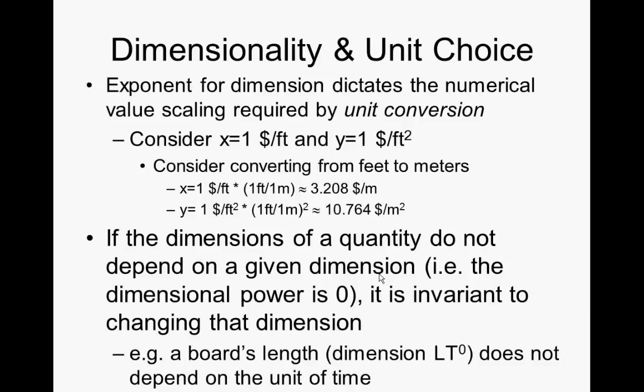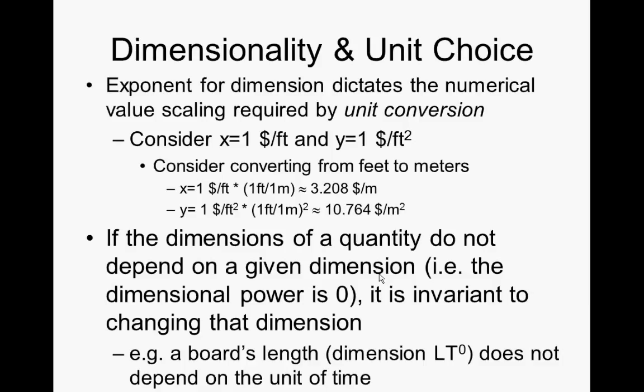Now, if we had some other measurements, like dollars per foot squared, suppose we had a model of apartment pricing, real estate pricing, house pricing or what have you, for commercial real estate, maybe it's office space. We have dollars per square foot, and we want to convert that into dollars per square meter.